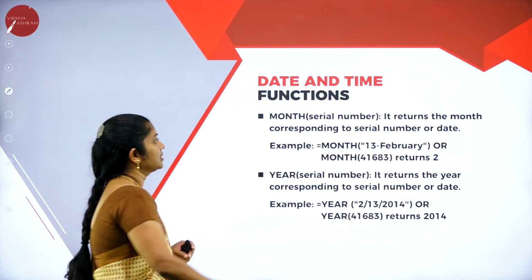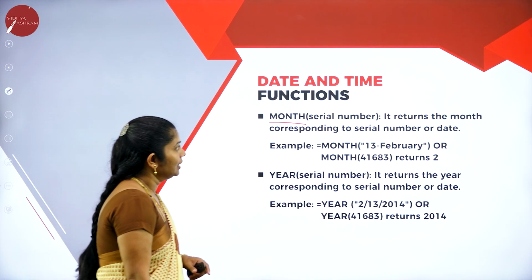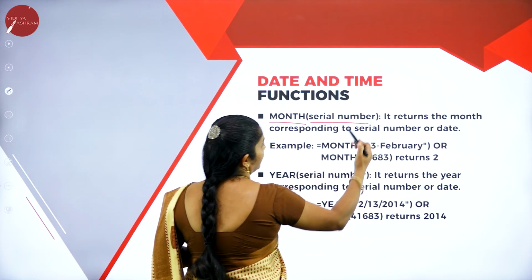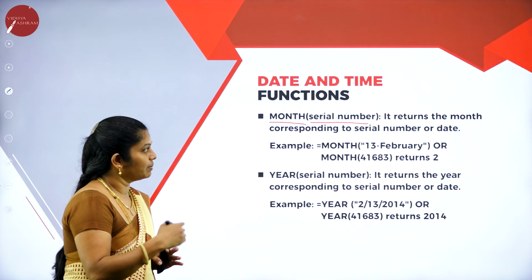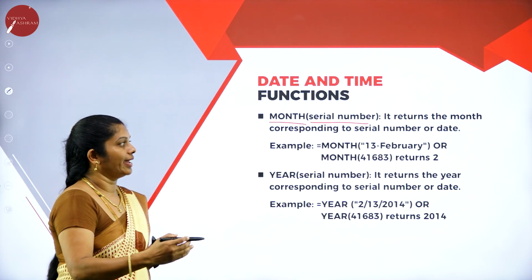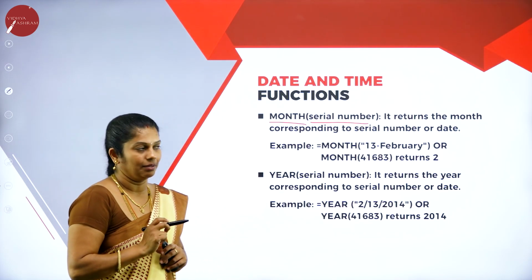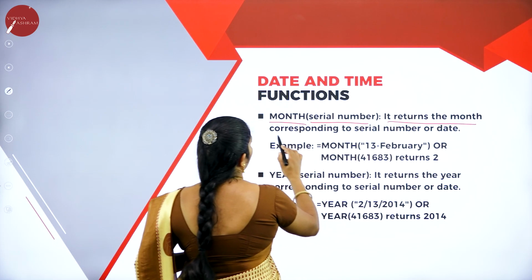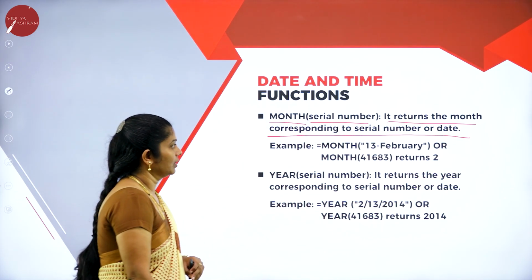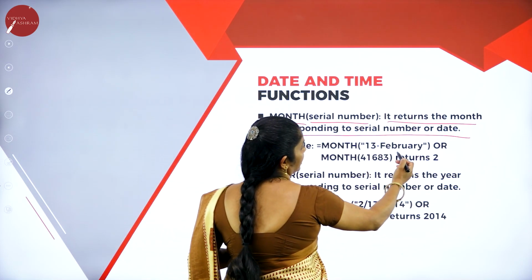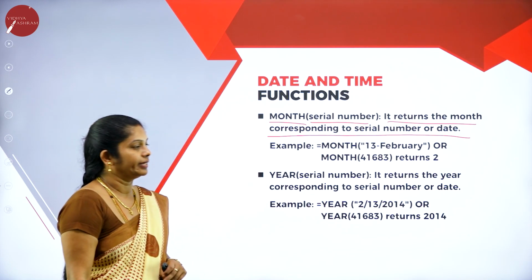Now, is it clear? Next, MONTH is one of the date and time functions. For whichever date you write, it will display the corresponding serial number. It returns the month corresponding to the serial number or date. For example, month of 13th February or month of 41683, it will return 2.